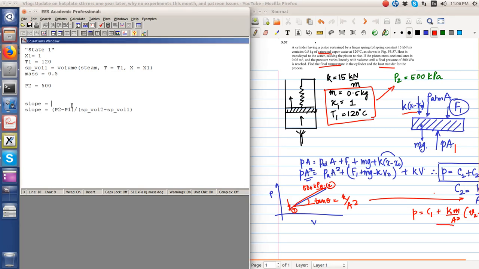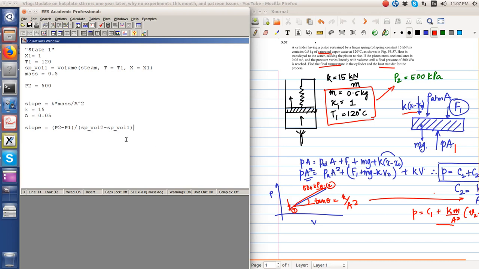So that is equal to K times M divided by A square, where K is equal to 15 kilonewton per meter, A is equal to 0.05 meter square. So the mass was already found out earlier through this step. So the slope is by definition equal to this. The only unknown in this equation is the specific volume at 2.